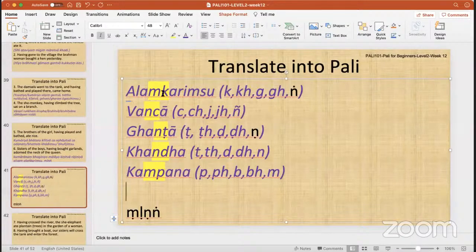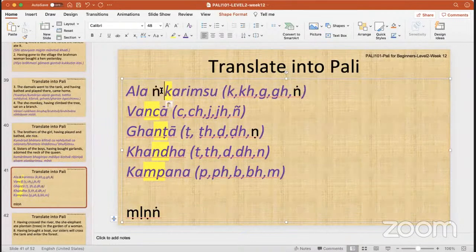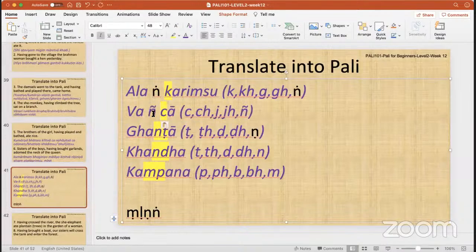Now, when we have the ka sound here, that is why we use this one over here. So we use this one. Okay, and in this case we use this one. So you will find these examples.